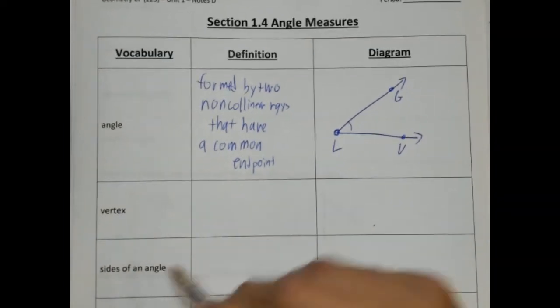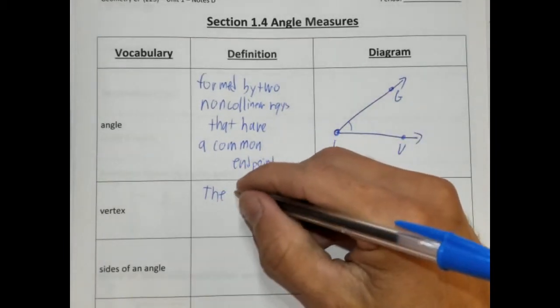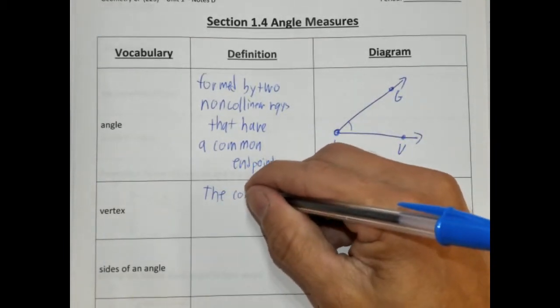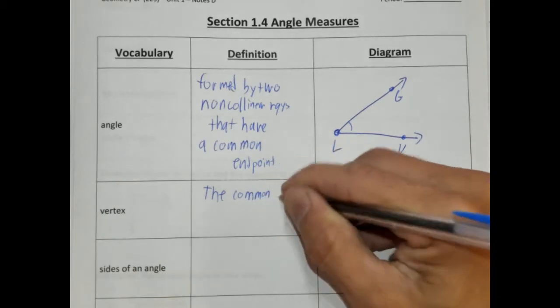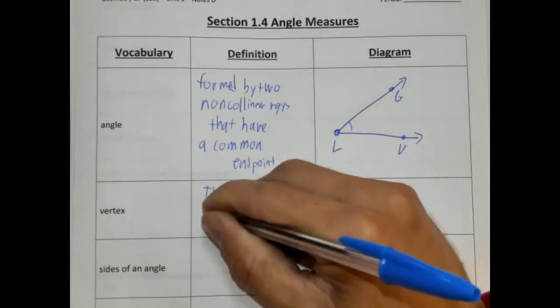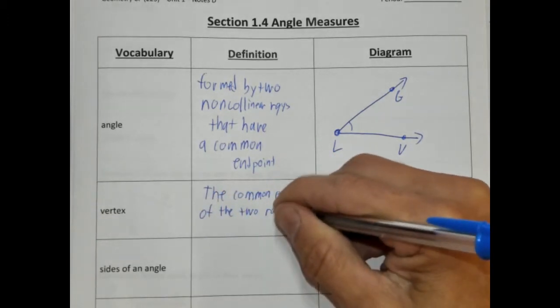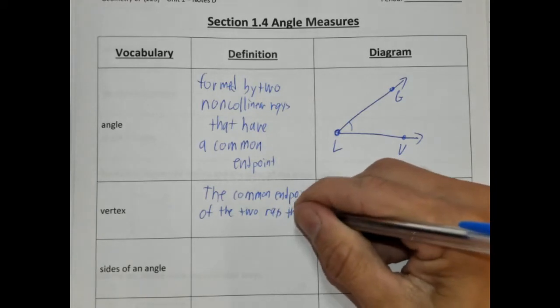Now the vertex is the common endpoint by which those two rays share. So the common endpoint of the two rays that form an angle.